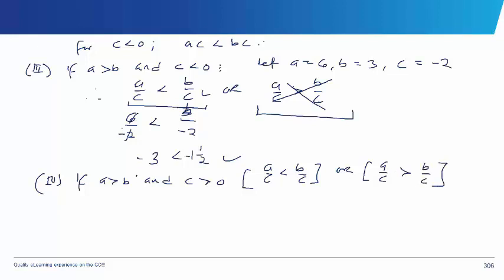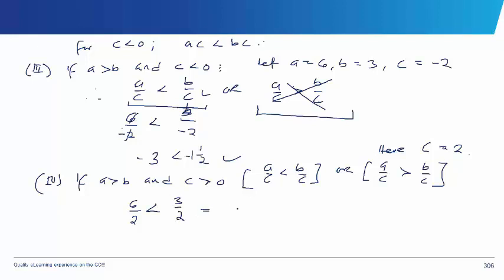All right, let's find it, using the same illustration above to denote our A, B, and C. A over C is 6 over 2, because C will be equal to 2, since it is greater than 0. It's a positive real number. Let's find out whether it will be less than 3 over 2.